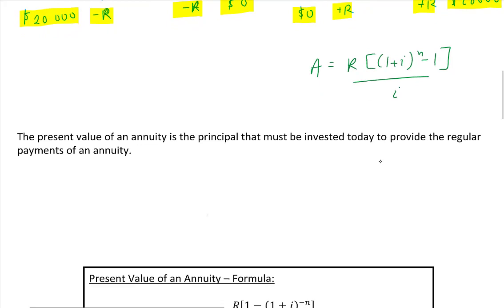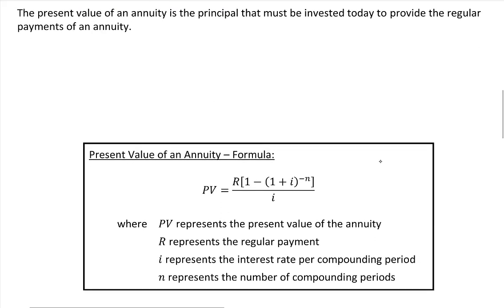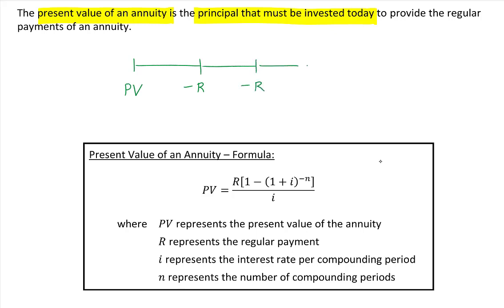So the present value of an annuity is the principal that must be invested today to provide the regular payments of an annuity. So this means you start off with some money, either a loan or an account that you've saved some money in, and then you slowly pay off that loan or withdraw the money from the account at regular intervals until you reach $0.